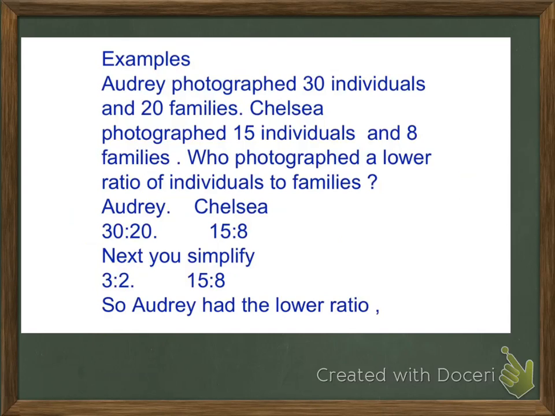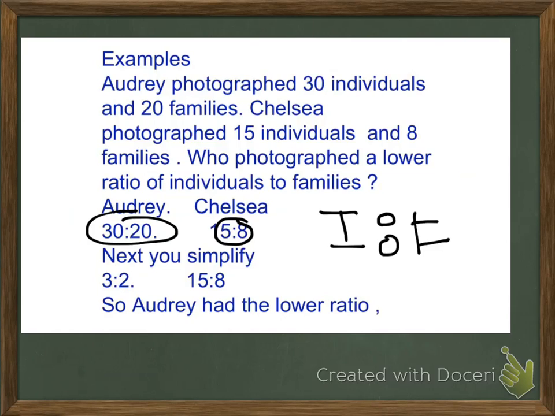So first, put the two sets of information in two groups, Audrey and Chelsea. Let's do it from individual, or I for short, to F. First, Audrey, 30 to 20. Now Chelsea, 15 to 8, as shown over here.